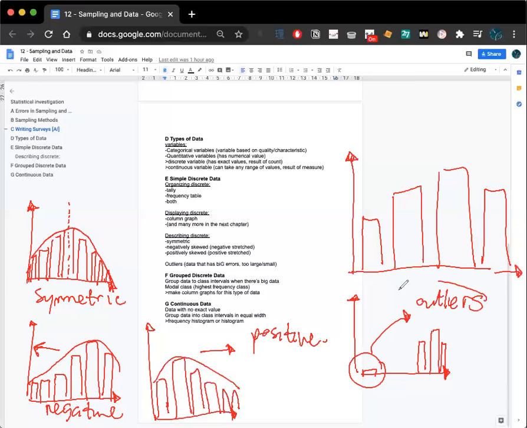And I think we're going to cover this later in the next chapter, more in depth, like how to identify these outliers and how to portray them in other forms of discrete data display.